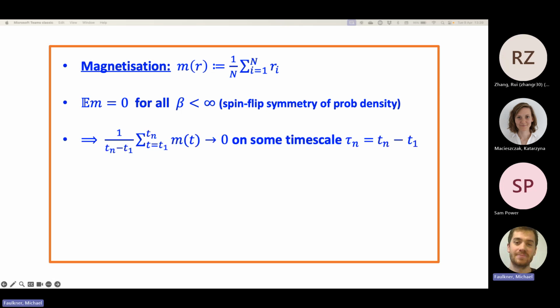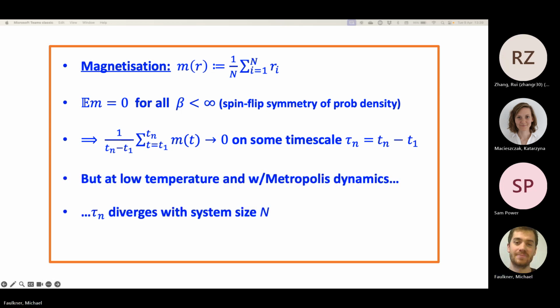This implies that the simulation mean of the magnetization goes to 0 on some time scale tau N. But at low temperature and with Metropolis dynamics, this tau N diverges with system size N. And this asymptotically slow mixing is what we call broken ergodicity or metastability. Okay.